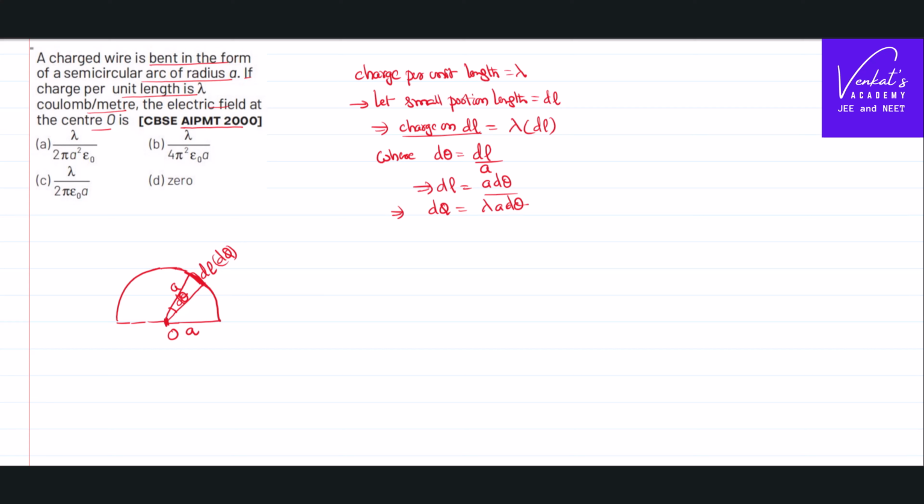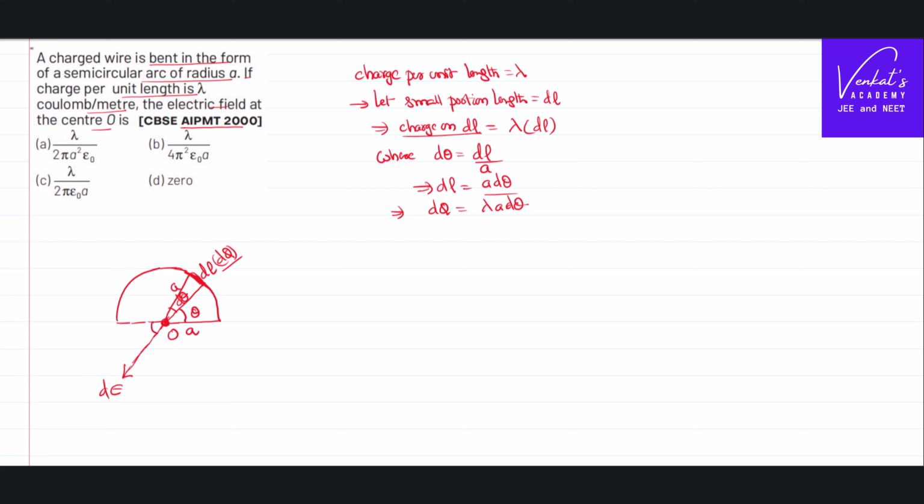Due to this dq, if I keep a unit positive charge at the center, as dq is also positive, it applies a repulsion on the unit positive charge kept at the origin. That is the electric field intensity dE. If you see carefully, this is making an angle theta with the x axis.